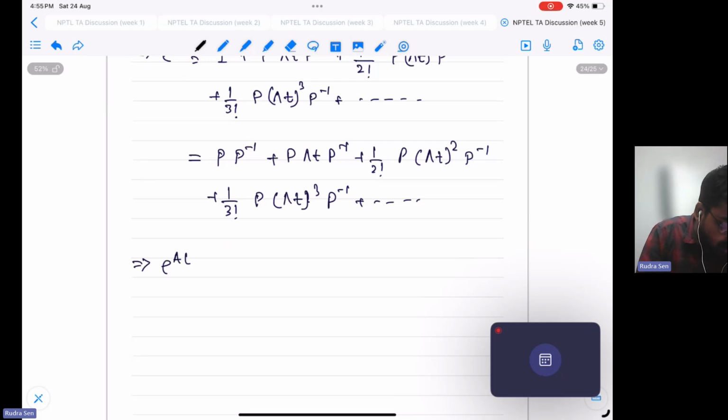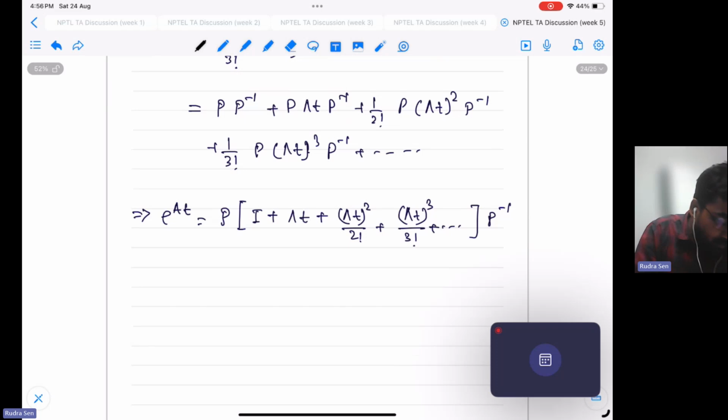So e to the power At equals, taking P common from the left side and P inverse common from the right side, we get I plus lambda t plus lambda t whole square by factorial 2 plus lambda t whole cube by factorial 3.